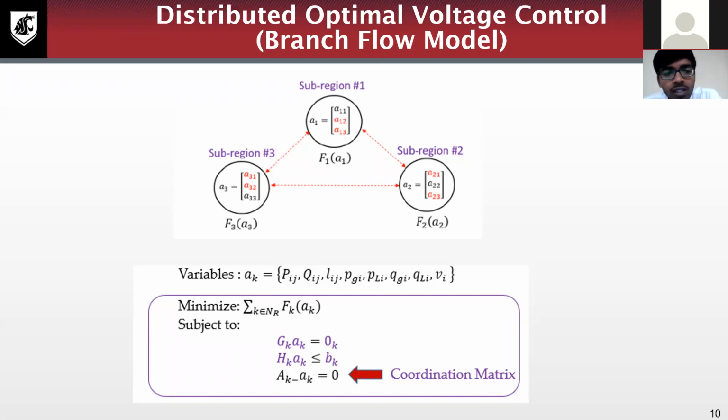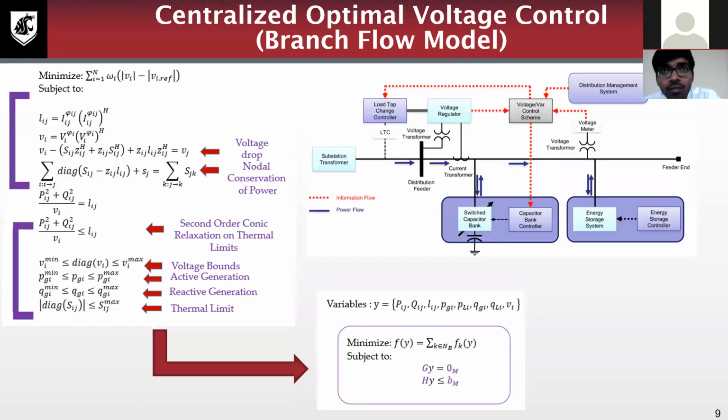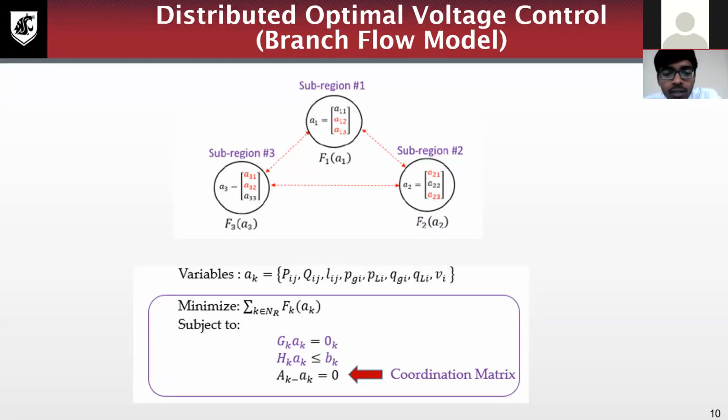And similarly in each of the subregions you have all these variables, and then you represent the centralized objective f(y) in terms of subregion based objectives. Since K is 3 here, it will be like f1 of A1 plus f2 of A2 plus f3 of A3. So the objective now becomes a summation of all the subregion based variables.